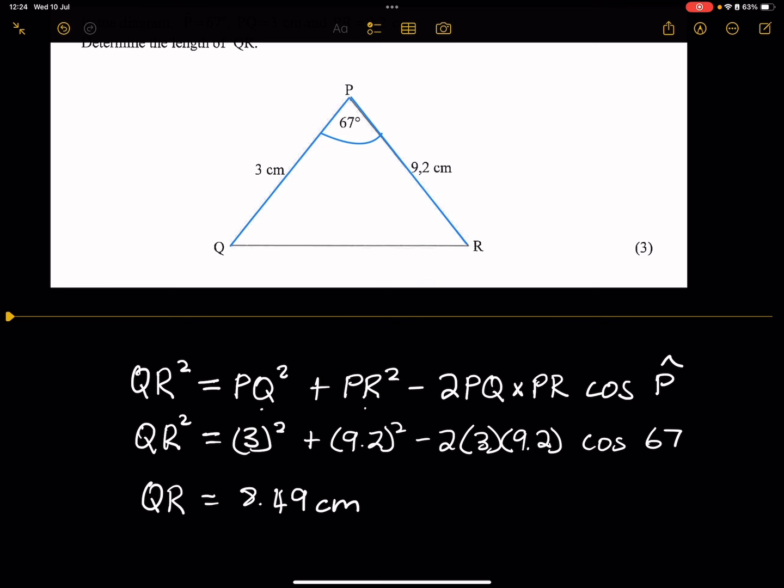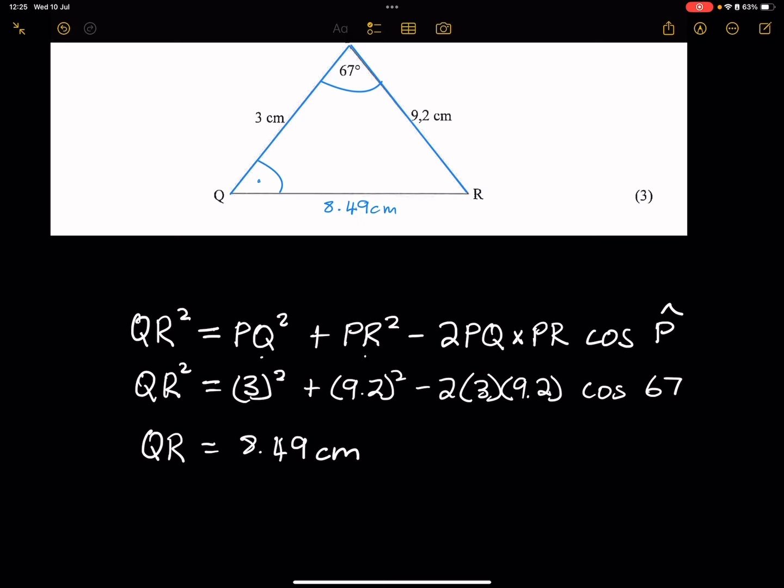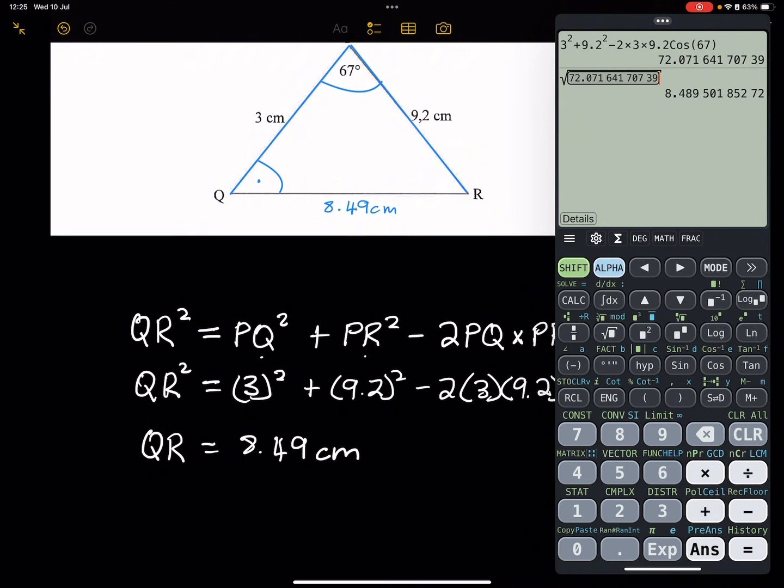Now, just suppose, ladies and gents, that they had said to us, calculate angle Q. So let's look for angle Q. If we wanted to find the value of this angle here, we've just found that this value is 8.49 centimeters, that's what we got from our calculator.